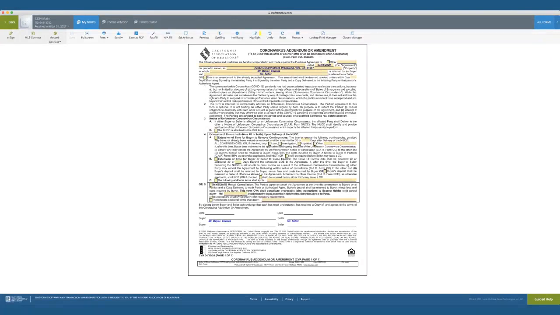Basically, it's addressing the coronavirus, the state that we are in. There's an extension of time for the buyer to remove some contingencies. In the beginning of all this, there were problems getting appraisals and getting inspectors.